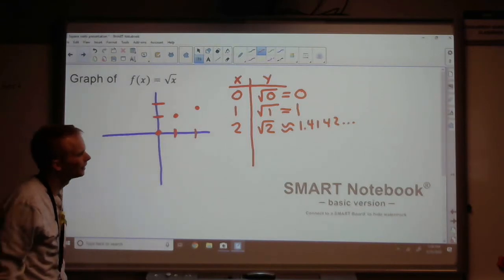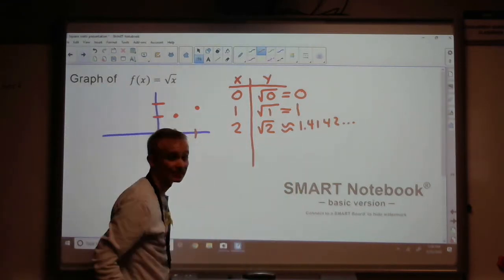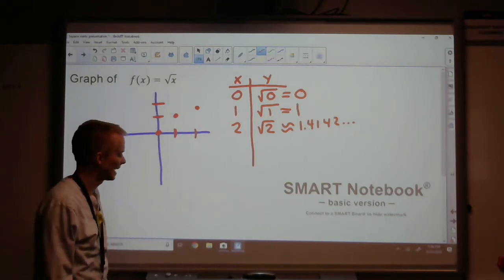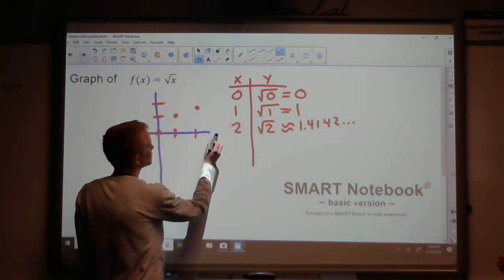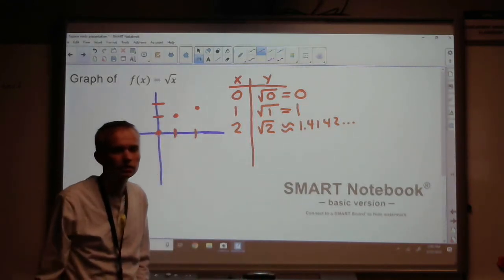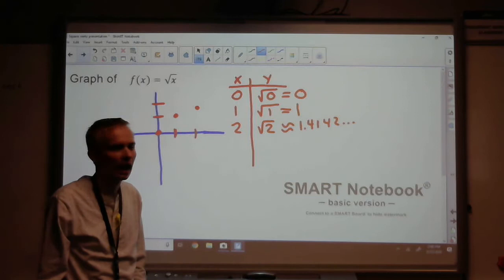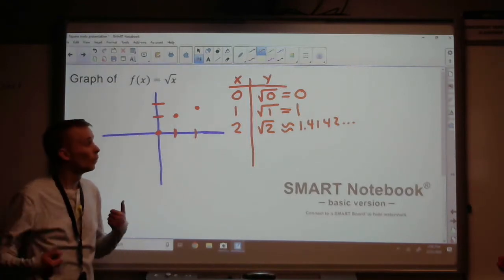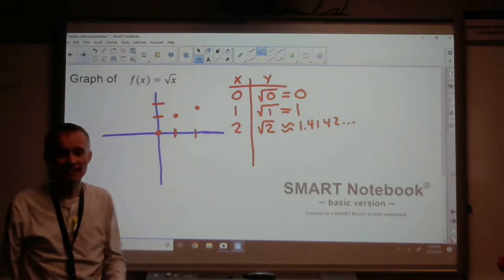Now, I would like to not get decimals here, right? It would be a little bit better if I didn't have to worry about decimals. So, are there any numbers we could plug in so that I would get a nice number out? Well, I'm going to be taking the square root of whatever number I plug in, so what could I plug in that has a nice square root?